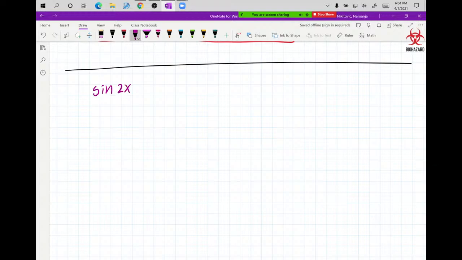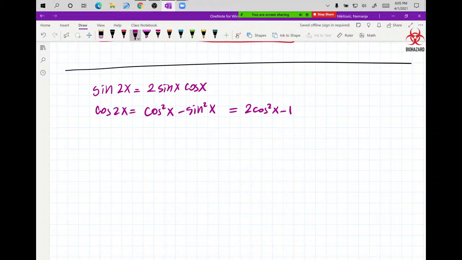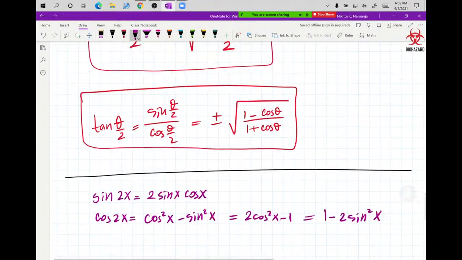Sine of the double angle is 2 sine x cosine x. Cosine of the double angle is cosine squared x minus sine squared x, or 2 cosine squared x minus 1, or 1 minus 2 sine squared x. So those are the 3 variations.